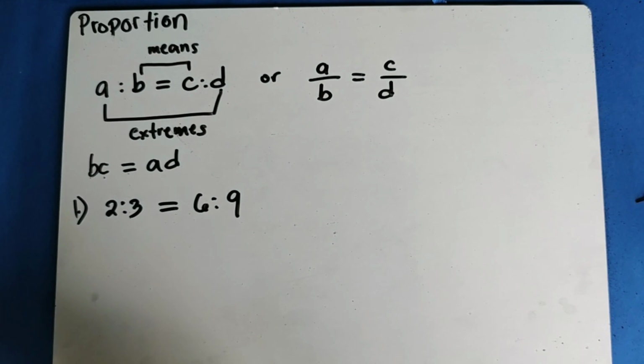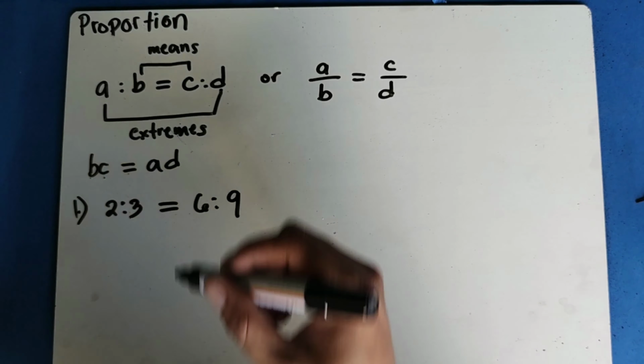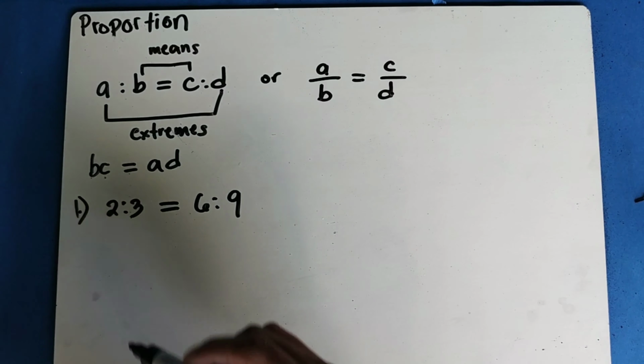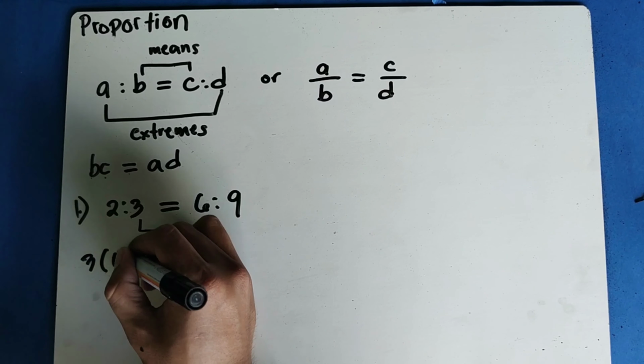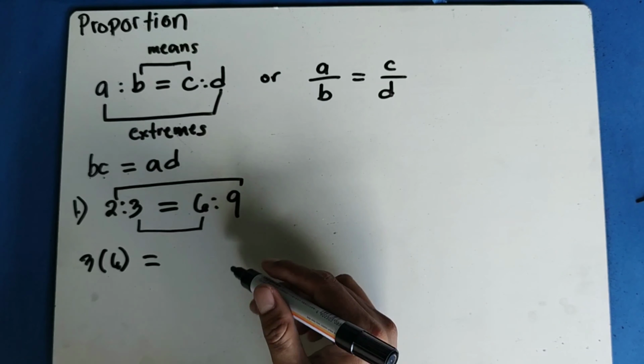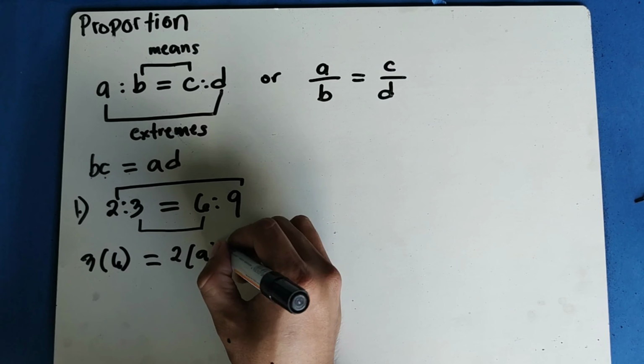Okay? So, let's start. How? They will be a proportion only if the product of the means is equal to the product of the extremes. Okay? So, our B and C, the product of the means 3 times 6 is equal to 2 times 9.